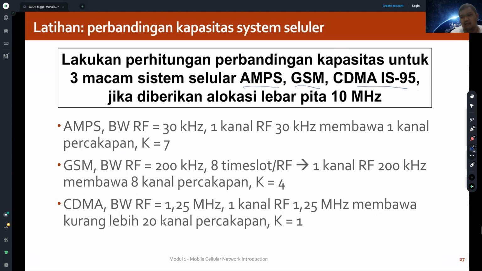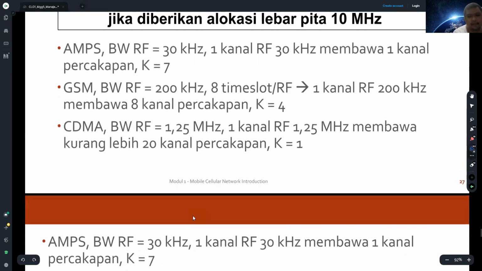This is below 3rd generation technology, or actually 2nd generation technology. If the bandwidth allocated is equal to 10 megahertz. Okay, so we know the bandwidth allocated is equal to 10 megahertz, right?